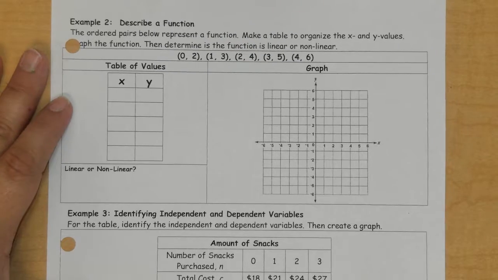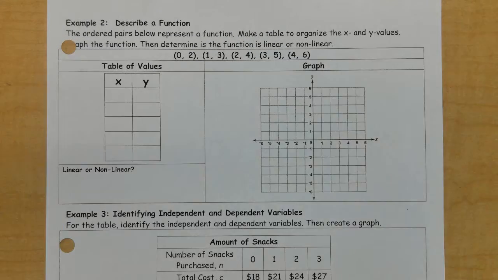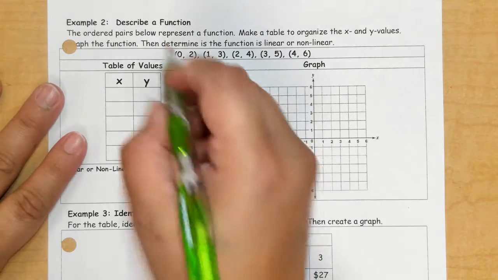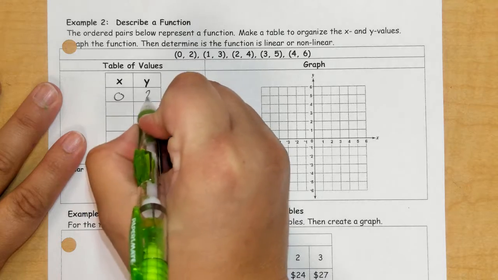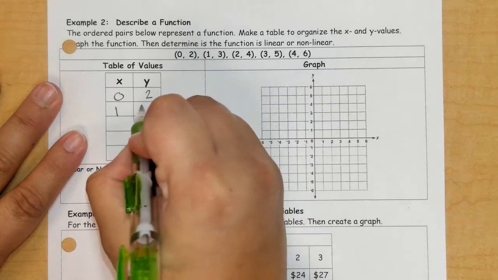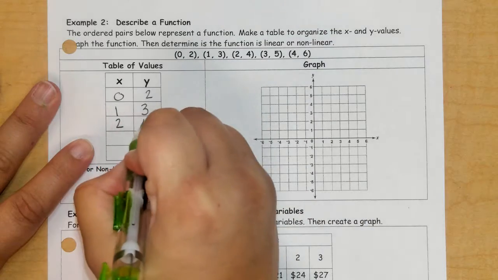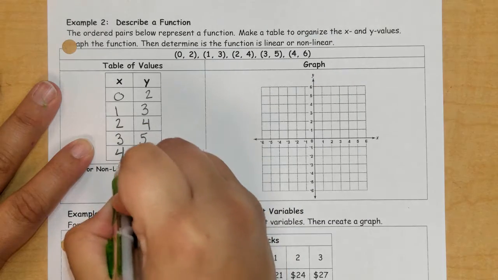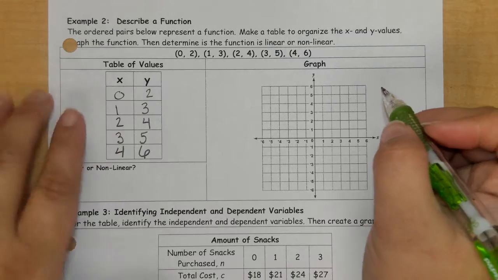Okay, in example 2, I want to take the ordered pairs and put it into the table here. So I just transfer them. So 0, 2, 1, 3, 2, 4, 3, 5, and then lastly 4, 6. So I'm going to graph it.